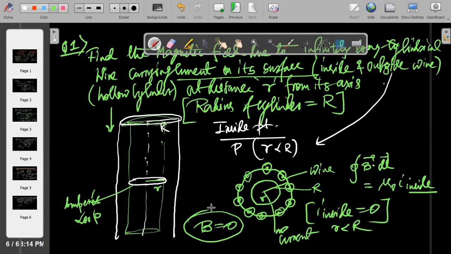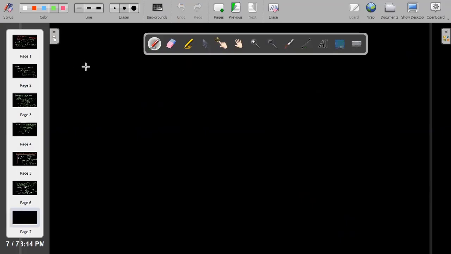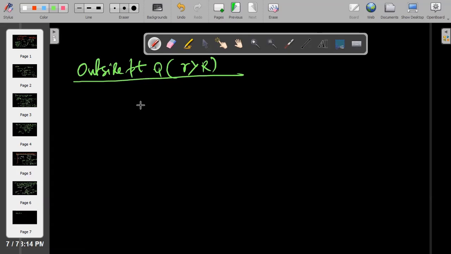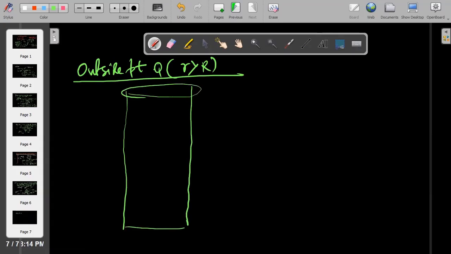Now consider another example, the outside point. Let's say Q, when r is greater than R. Now draw this cylinder again, this radius is capital R, right?